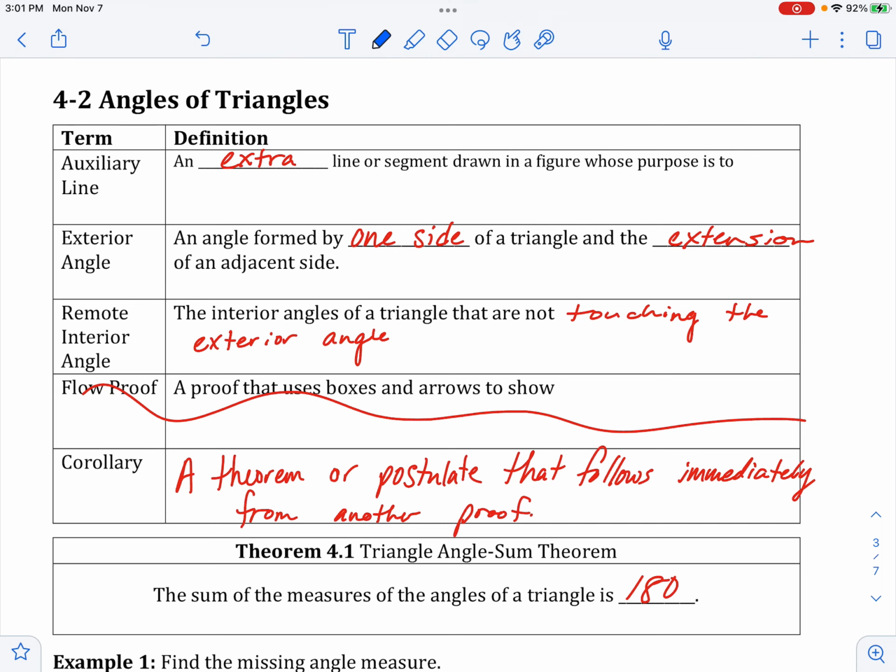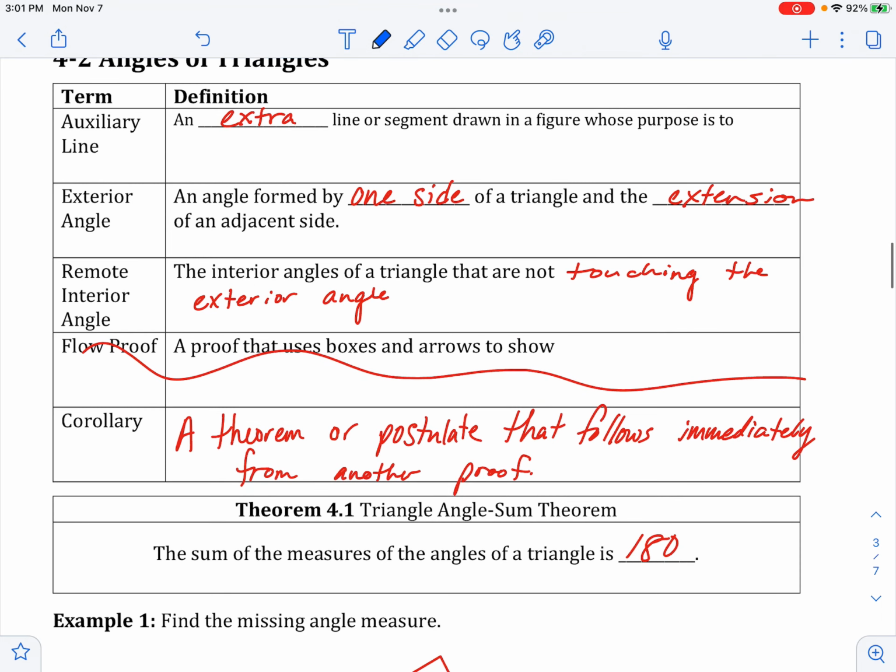For 4.2, we're going to talk more specifically about some of the angles in a triangle. I would go through these definitions, write them down when you've got time. There were some problems in chapters 2 and 3 where you had to draw in an extra line.